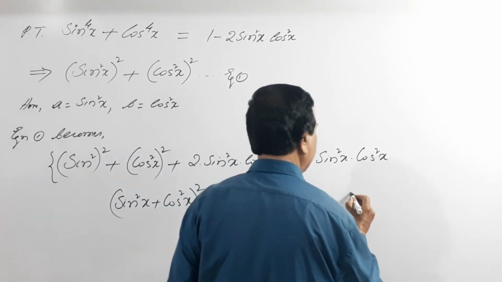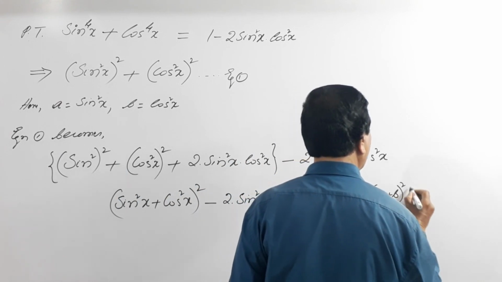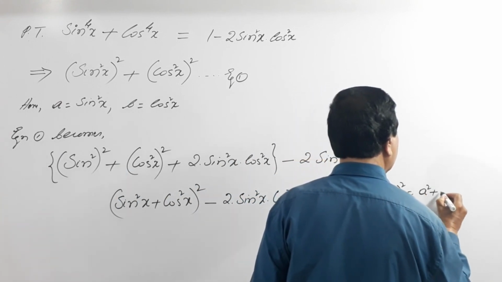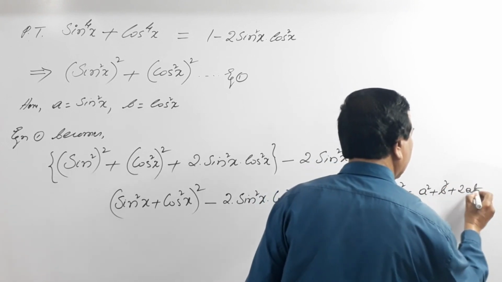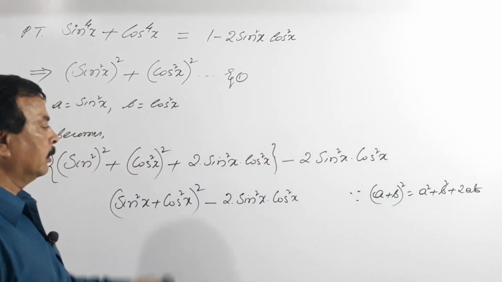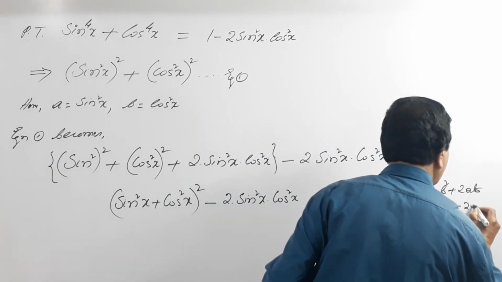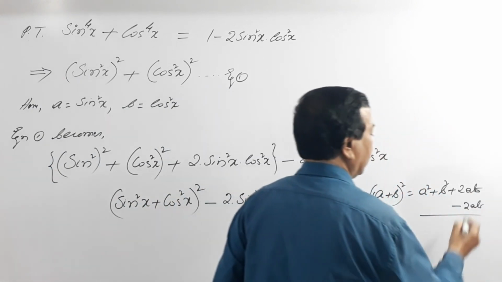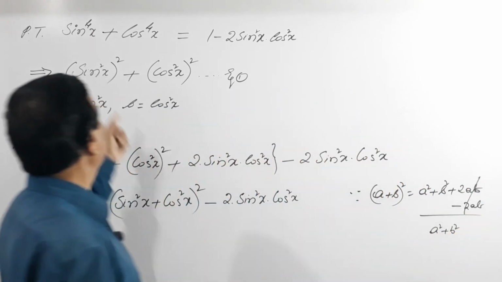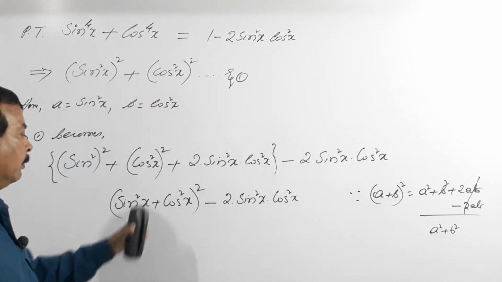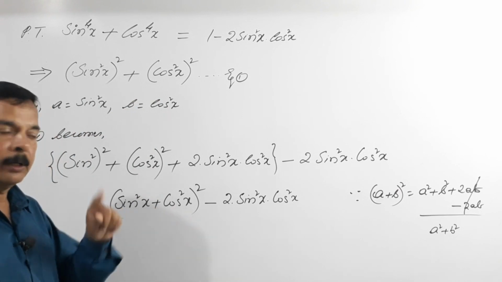Since a plus b the whole square equals a square plus b square plus 2ab, I have added that, and here this is minus 2ab. In a nutshell, if this cancels, we are left with a square plus b square. Done. Now, we have sin square theta plus cos square theta is what? 1.